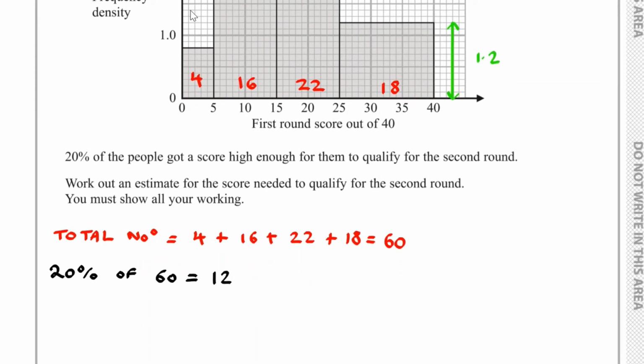And so we want the area of 12, and if I call the width W, we've got W multiplied by the 1.2, which would give us the 12. We want to consider the upper end because that will find the score needed. And so therefore, you will find W to equal 10.